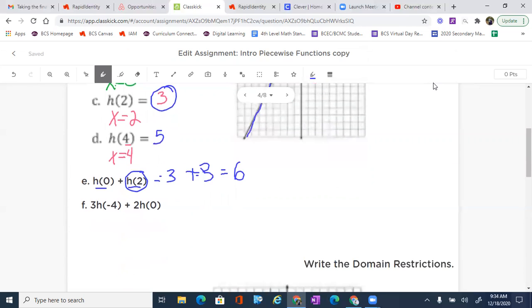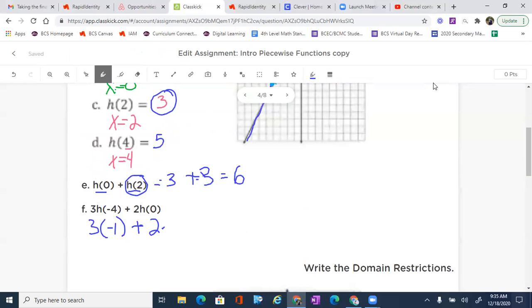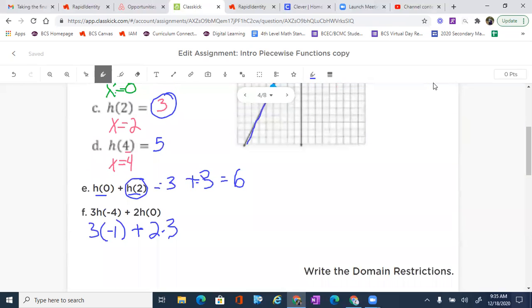So I'm going to write 3 times -1 plus 2 times whatever h of 0 is. Well, what did we find h of 0 to be? We found h of 0 to be 3. So 2 times 3, and we just go through those steps. 3 times -1 is -3, plus 2 times 3 is 6, and -3 plus 6 equals +3.